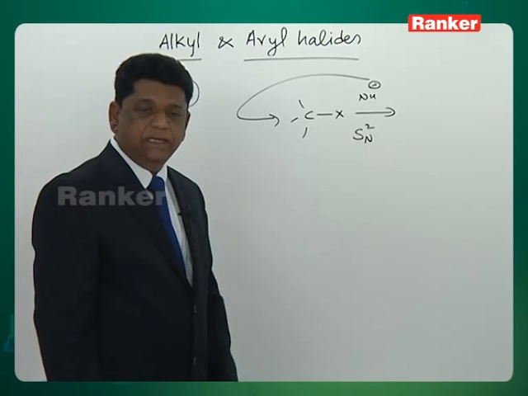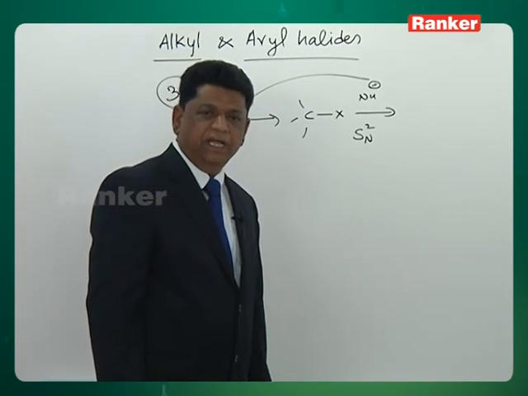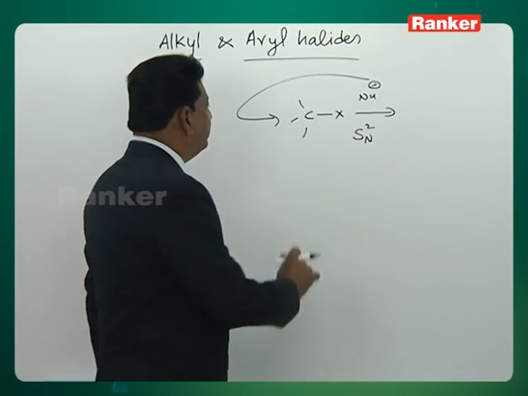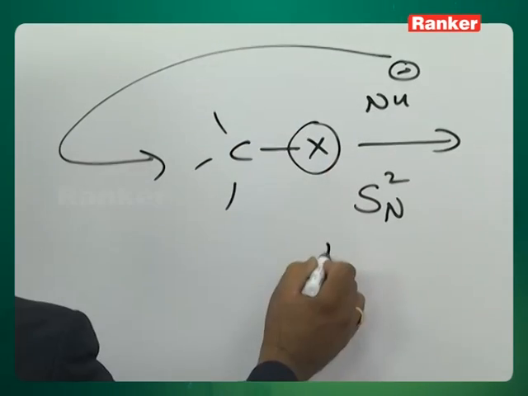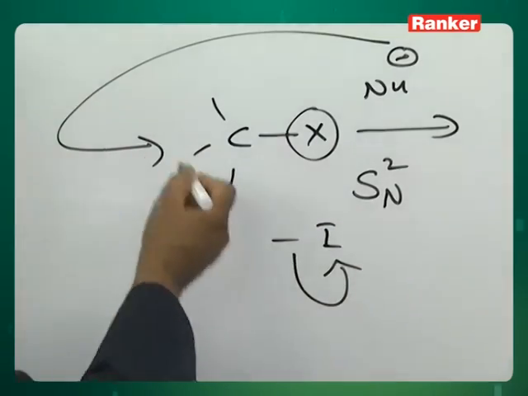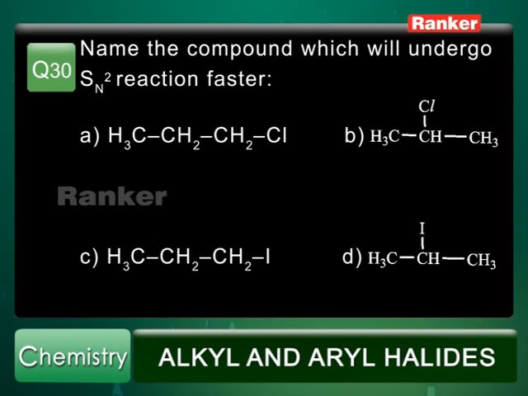Here only 1 degree and 2 degree are given. A and C are 1 degree, both more reactive than B and D. Out of A and C, iodine is the best leaving group. If the halogen is iodine, it leaves easily, so attack and departure both take place faster. So answer C is the right answer.